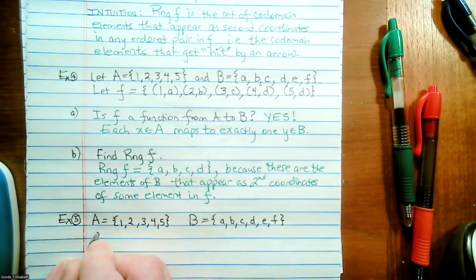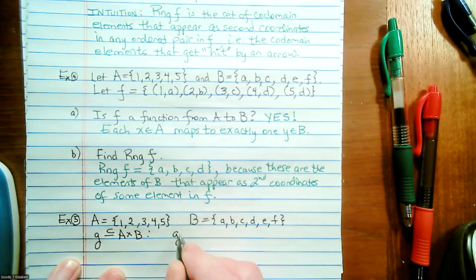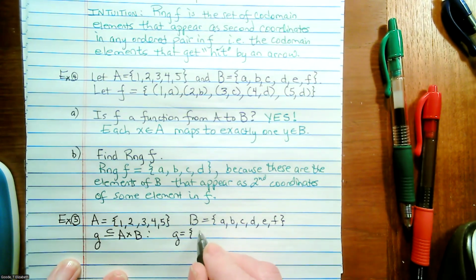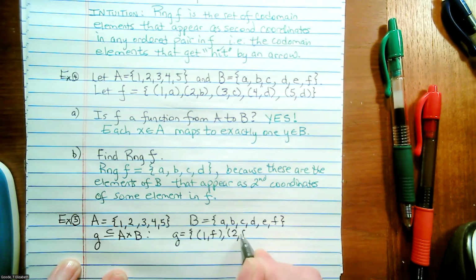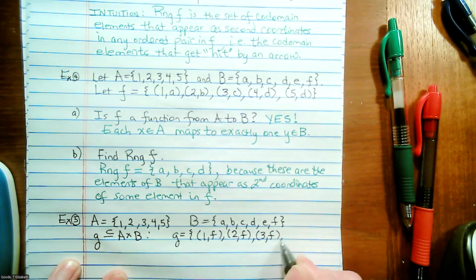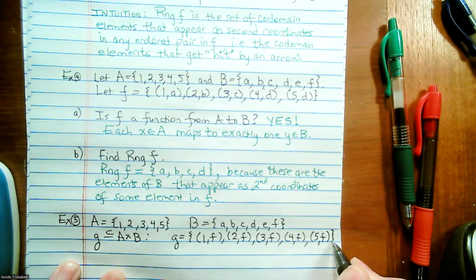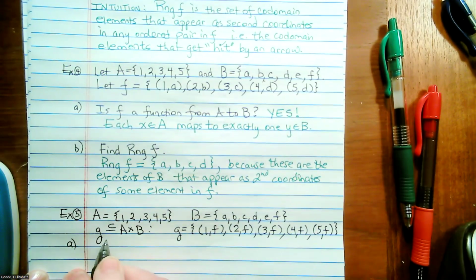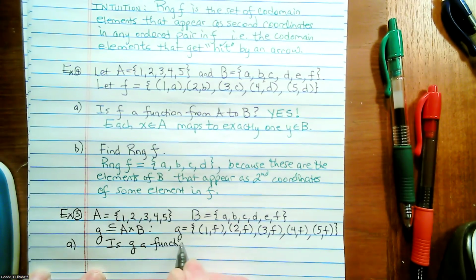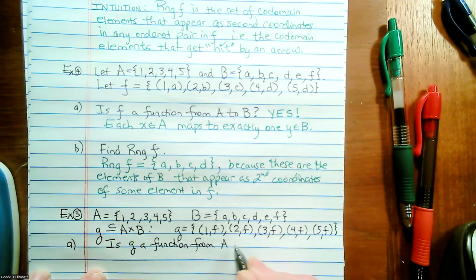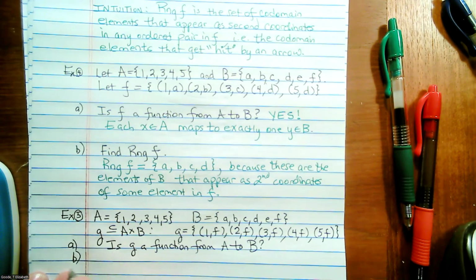And G is going to be a subset of A cross B, where G is the set of ordered pairs (1, f), (2, f), (3, f), (4, f), (5, f). Is G a function from A to B? And if it is, let's find the range of G.